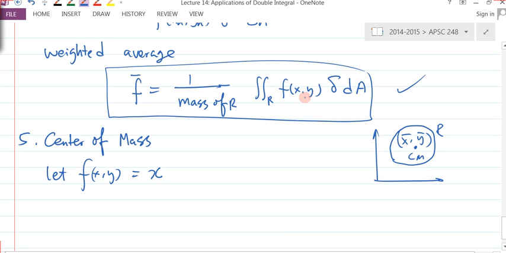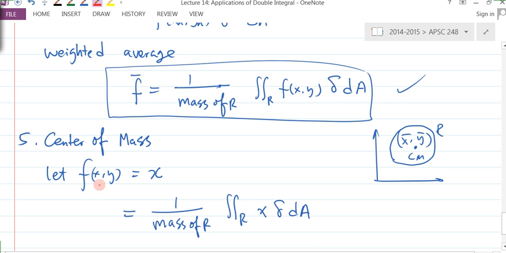The left side will become 1 over the mass of R, double integral of x delta dA. And the other side is f bar, the weighted average value of the function f.